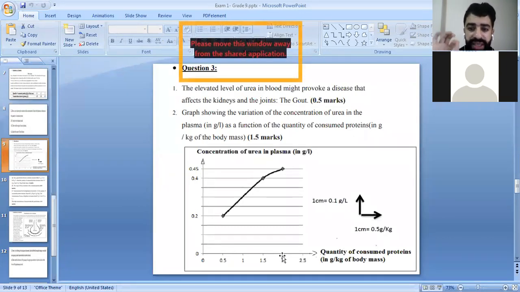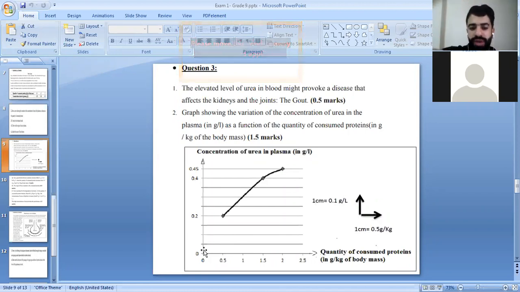You have to respect the scale that you mentioned before. So if I mentioned every 1 centimeter represents 0.5 gram per kilogram, I have to respect this. Also, every 1 centimeter represents 0.1 gram per liter: 0.1, 0.2, 0.3, 0.4, 0.5, and so on. I have to respect this.